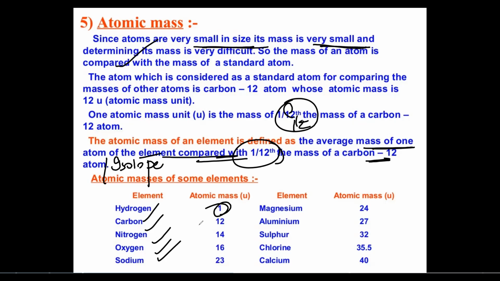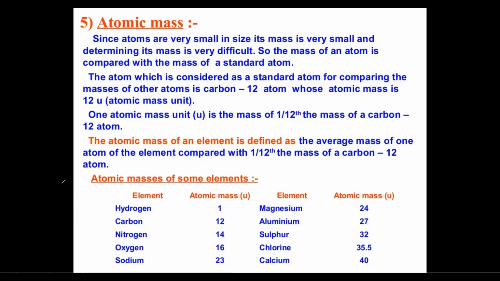This is one atomic mass unit, which is equal to 1/12 the mass of carbon. Carbon is 12, so 1/12 of 12 will be 1.